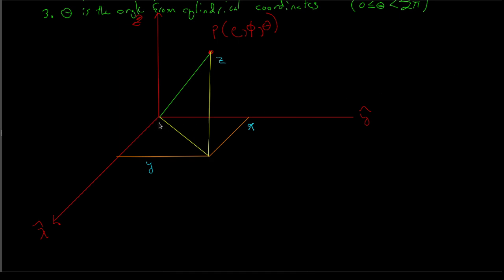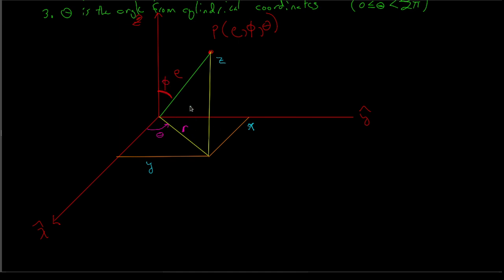In polar, this is theta, and this vector is r. And then within spherical coordinates, this length is rho, and this angle here from the z-axis to rho is phi.